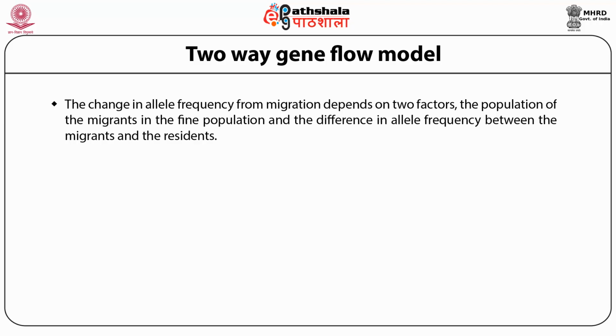Eventually, allele frequency in the two populations will be equal without any further change. However, this will happen only when other factors besides migration do not influence the allele frequencies. These factors are natural selection, genetic drift, non-random mating, etc.